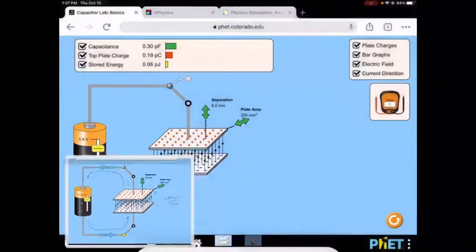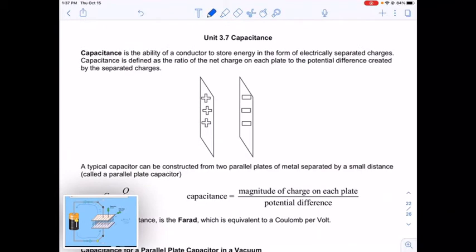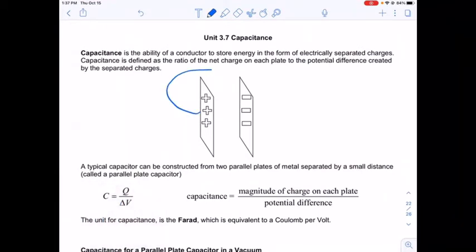So let me go back to my notes here. I'm going to add something to this. I'm going to put the symbol for a battery. And the battery is a pump that moves charges.